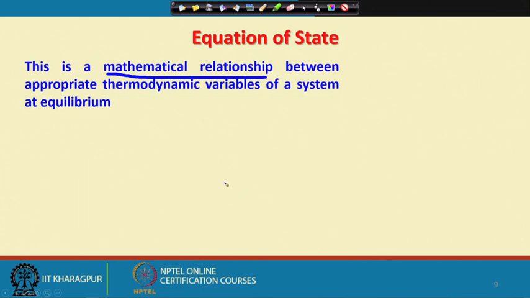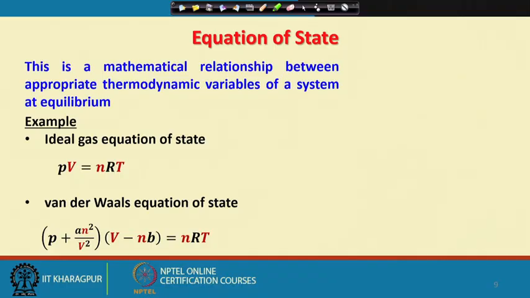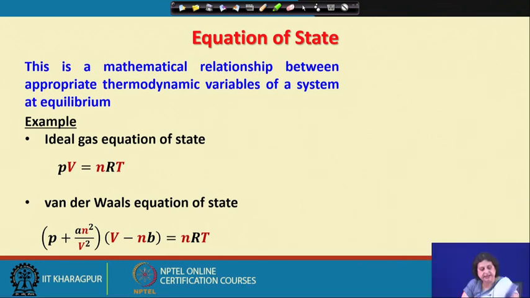Why do I need them? I need them because I am interested in finding out how to handle these systems under different conditions. So, do I know of any example? Of course, you know. From your high school days, you have come across these equations of state for gases.